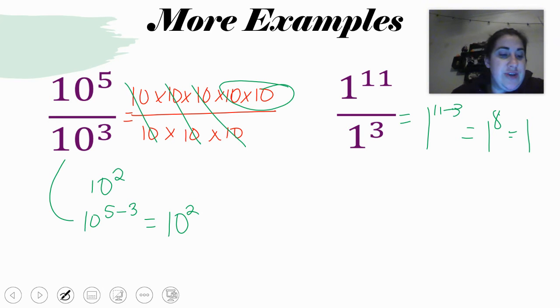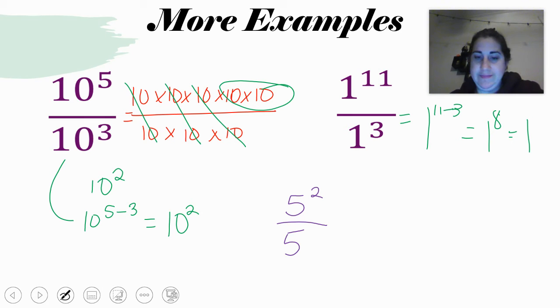All right, let's try something else. Say I have a base of 5, and I have 5 to the 2 over 5 to the 6th. Well, I can take 5 to the 2 minus 6, and that gives me negative 4.